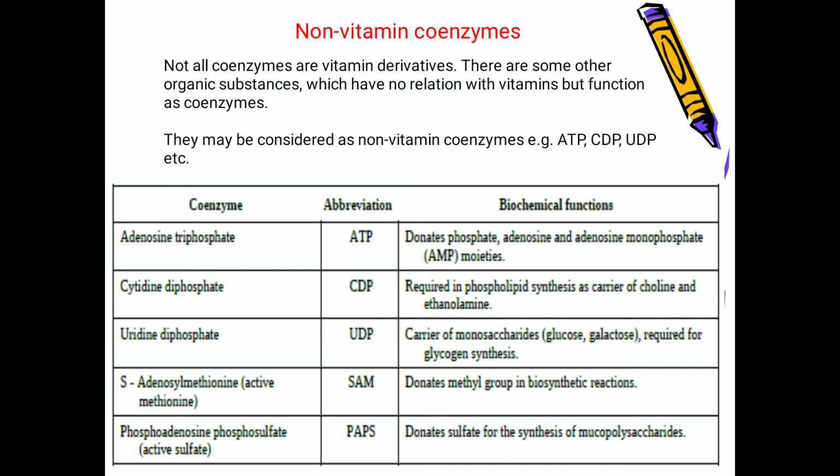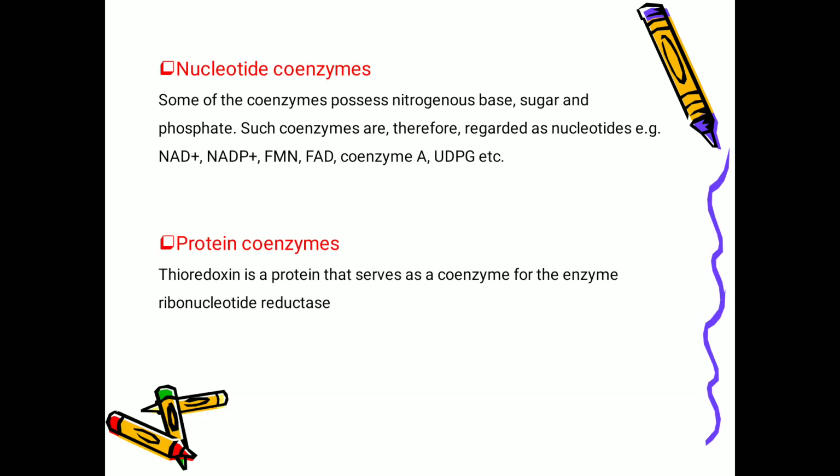SAM is S-adenosyl methionine, or active methionine, which will donate the methyl group in biosynthetic reactions. Next is PAPS, that is phosphoadenosine phosphosulfate, which is active sulfate, which donates the sulfate for the synthesis of mucopolysaccharides.